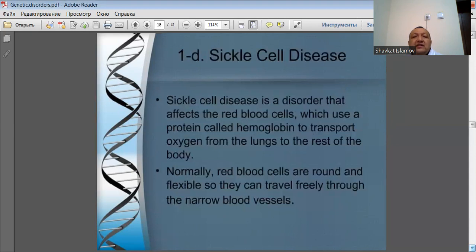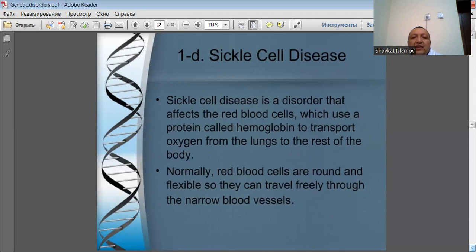1d. Sickle cell disease. Sickle cell disease is a disorder that affects the red blood cells, which use a protein called hemoglobin to transfer oxygen from the lungs to the rest of the body.